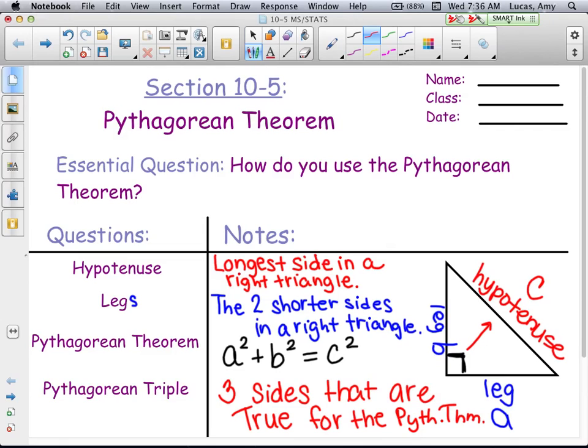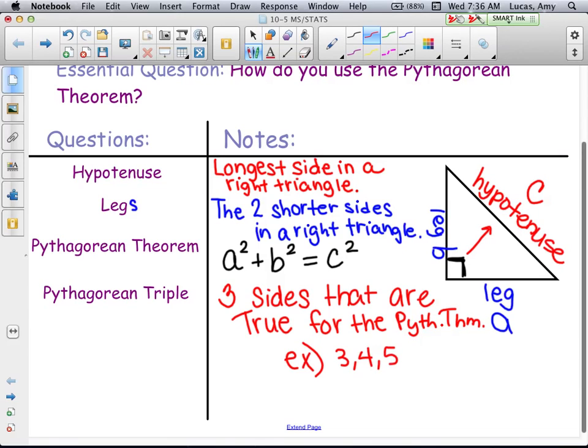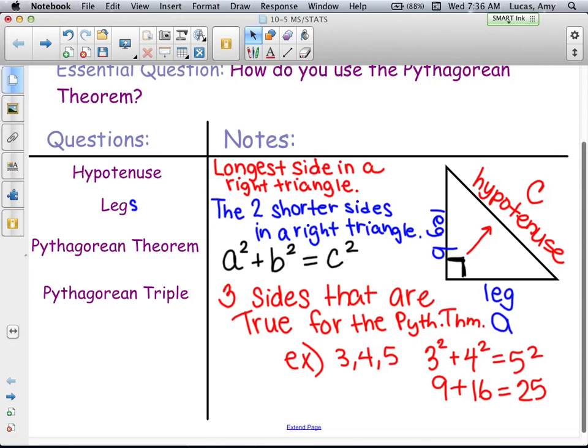So, for example, 3 side lengths that would be true for the Pythagorean theorem would be 3, 4, and 5. Because if you plug them in the Pythagorean theorem, the 2 shorter would be the 3 and 4, and the longer side would be the 5. So 3 squared is 9, plus 4 squared is 16, and that does equal 25. So 3, 4, and 5 are true when you plug them in the Pythagorean theorem.